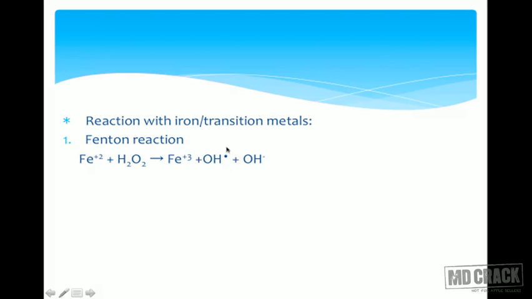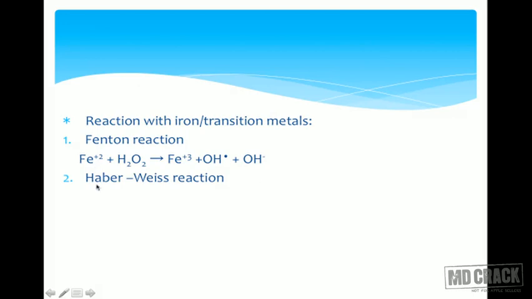Remember, once a hydroxyl radical is formed, it can keep on generating more and more hydroxyl radicals. Not only hydroxyl radical, all the reactive oxygen species show the same characteristic. They can propagate. So, Fenton reaction, once it is formed, can keep on propagating hydroxyl radical or OH minus.